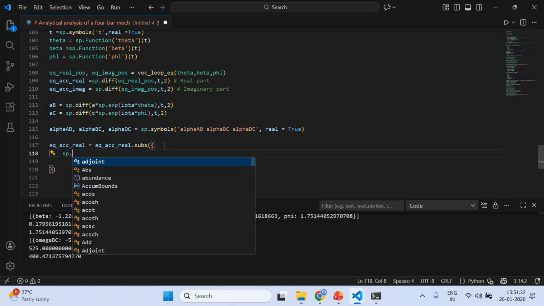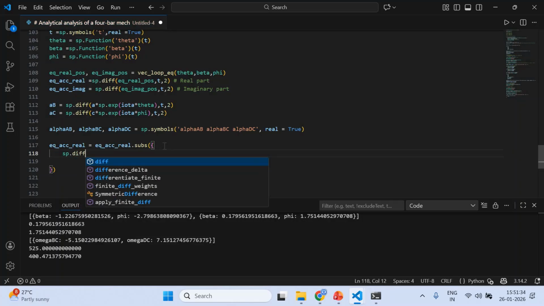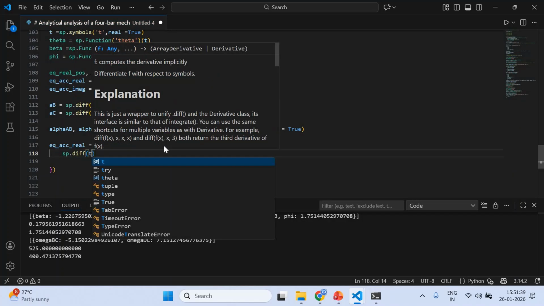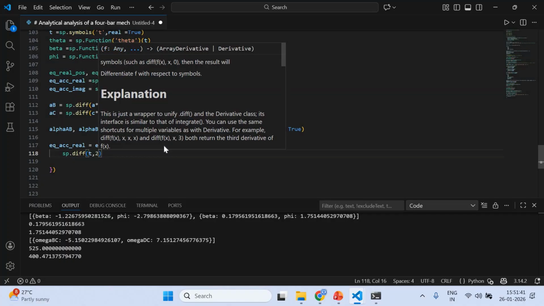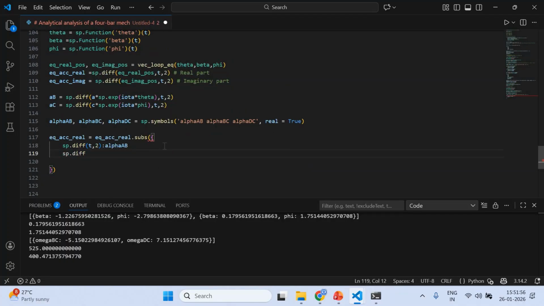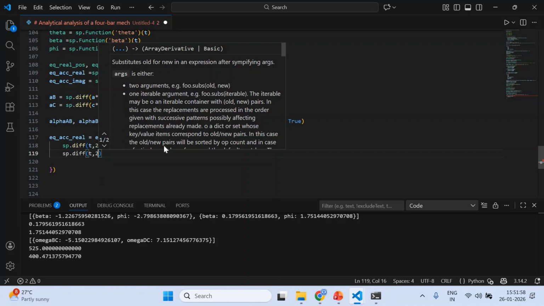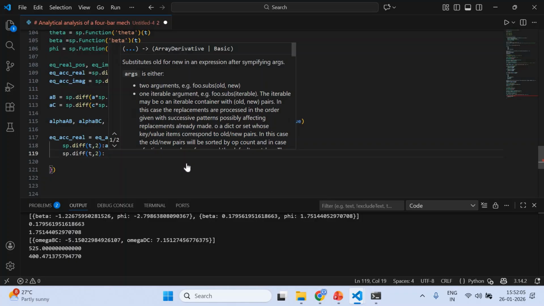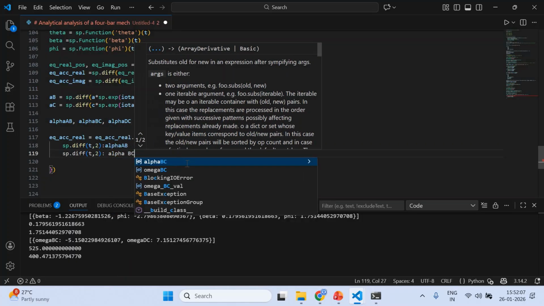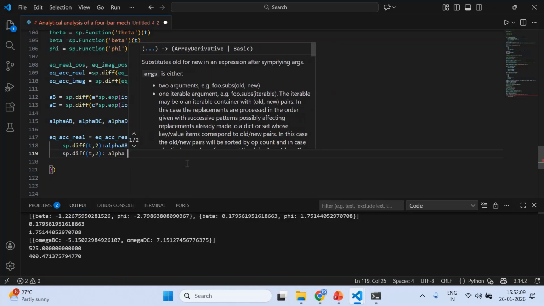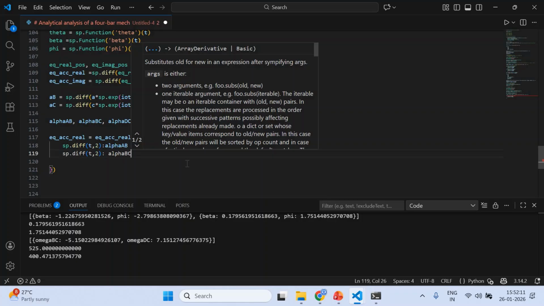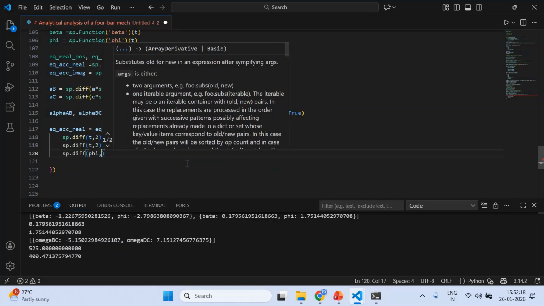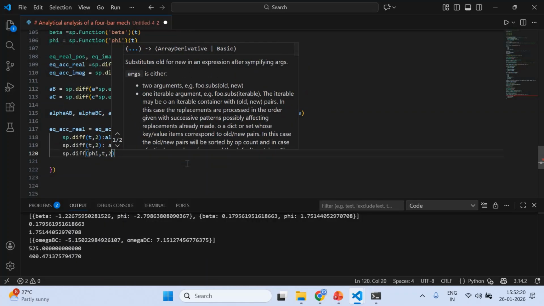So first we will replace d2 theta by dt2, that is double differentiation of theta, with alpha AB, then double differentiation, that is d2 beta by dt2, with alpha BC, and same for y comma t comma 2.